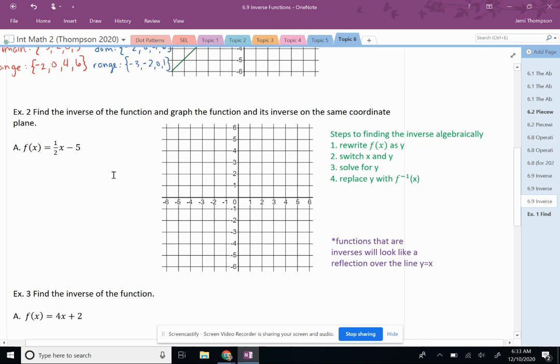Okay, so we're going to do this problem two ways. We're going to do it algebraically, and then we're going to graph both functions. So you'll see the steps that are written in green on the right-hand side. This is the steps of finding the inverse algebraically. Okay, so we're going to go through these steps one at a time with this function f of x equals 1/2 x minus 5.